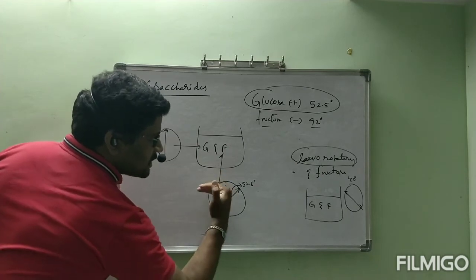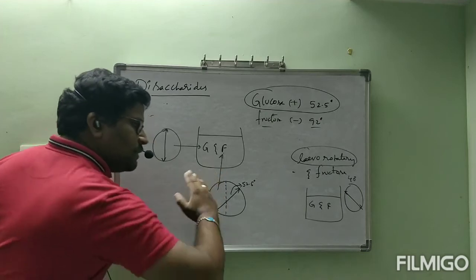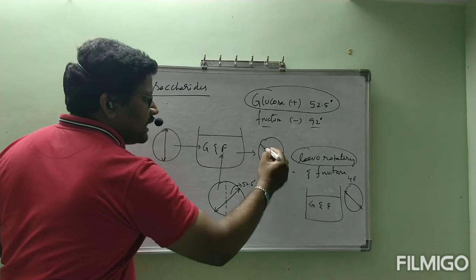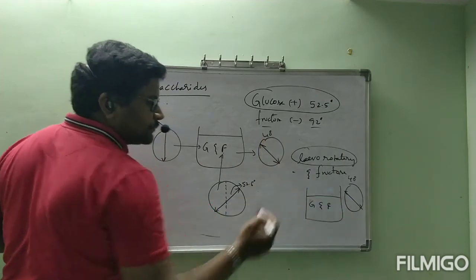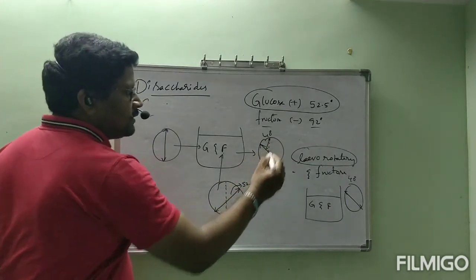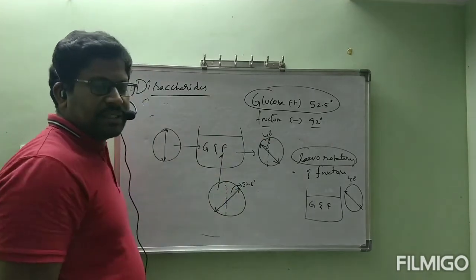The remaining is almost 40 degrees, which will be turned towards the left. So the resultant light is turned towards the left side with 40 degrees.